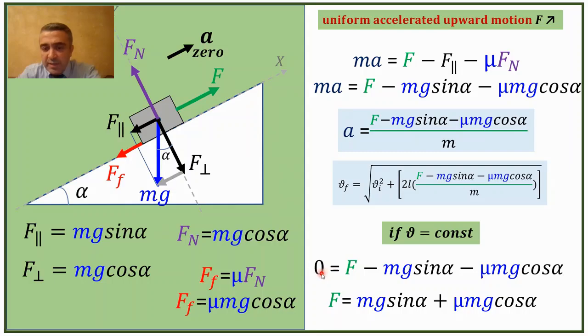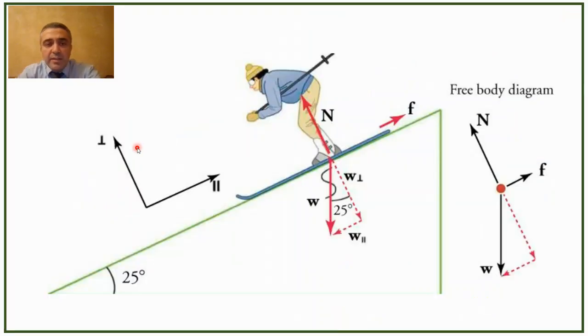In this case you see that the green color force equals the sum of these forces. Which forces? Force parallel and friction force.